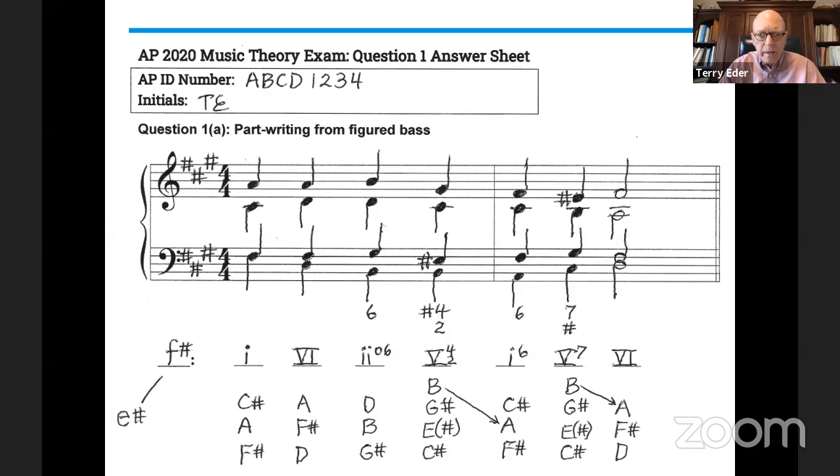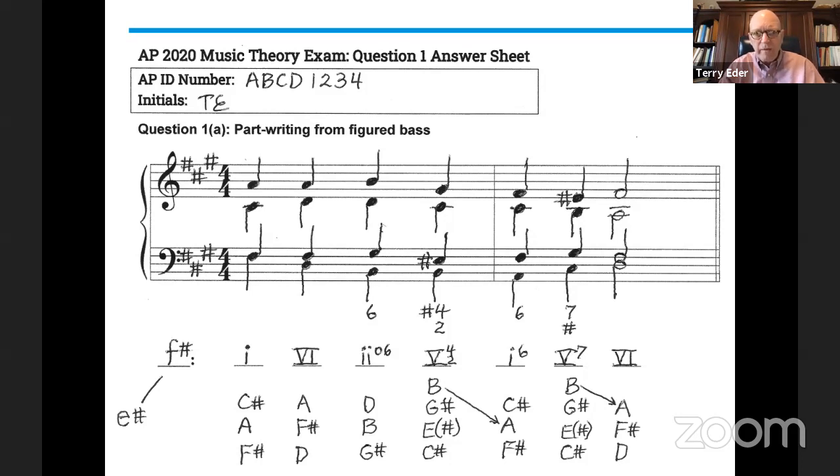Those are great. And then we still have some parallel motion between the soprano and the tenor from the third beat to the fourth beat: a G sharp up to a B on the third beat, and then E sharp up to G sharp.